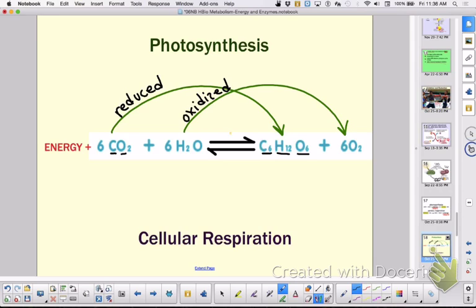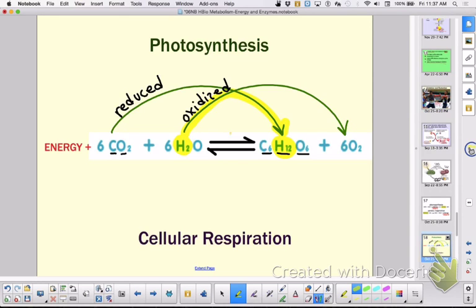Who's going to be the source of our electrons? Water. See these hydrogens right here? How many do you have of them? 12. Do you see that? The hydrogens that were in the water got given to glucose in order to reduce it.